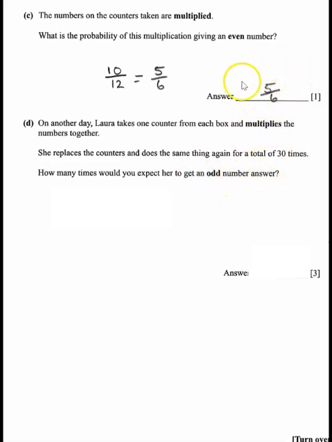So if the even is 5 out of 6, then the odd must be 1 out of 6. And whenever you see a number like this, usually it's multiplication. So 1 sixth multiplied by 30. The way you can do that one is 30 divided by 6 is equal to 5. And that's the answer for that one.